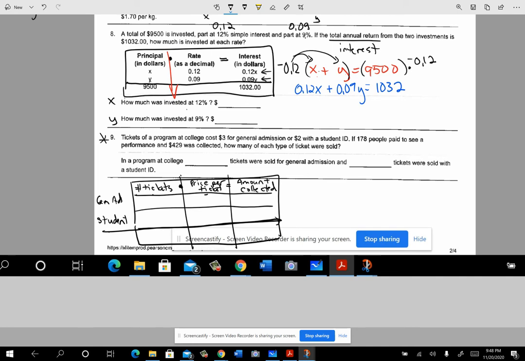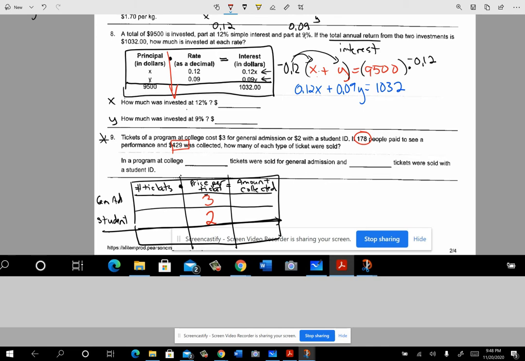So general admission tickets cost $3. That's the price per ticket. A student ticket on my problem was $2. All right, now here's what I want you to think about. Okay, 178 and the 429. 178 people paid to see a performance.